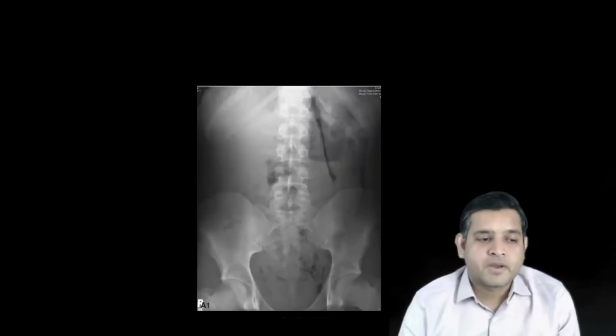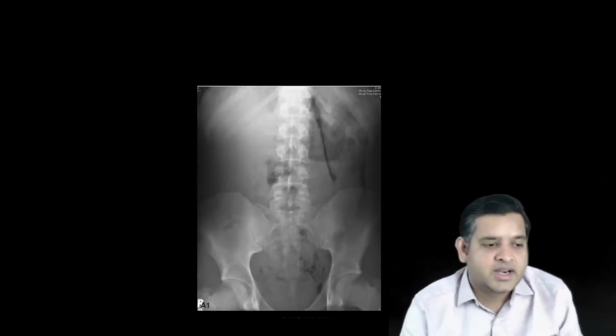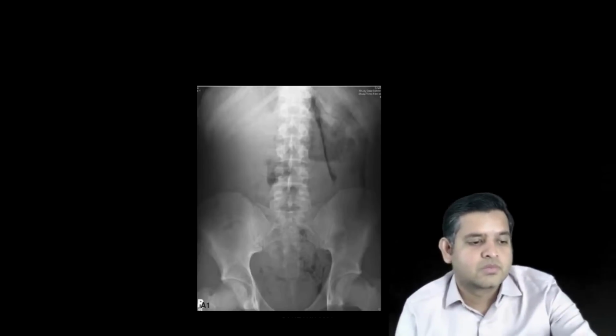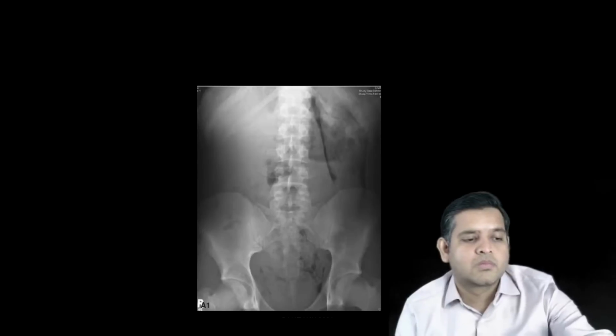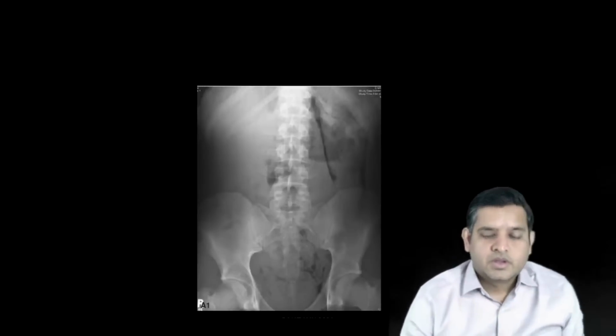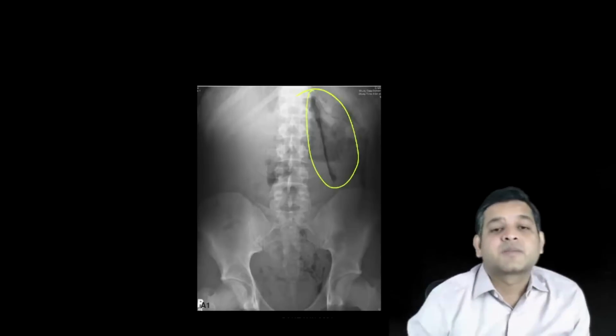Okay. Anybody who can give me the diagnosis of this image, take 30 seconds and tell me the answer. Now you are seeing the air outlining the psoas muscle.